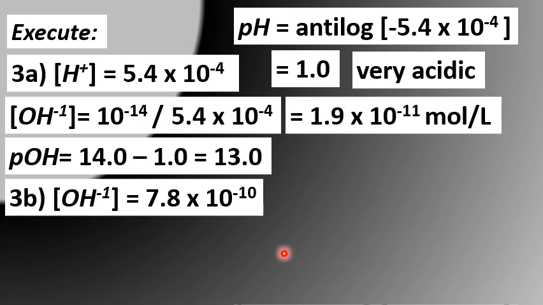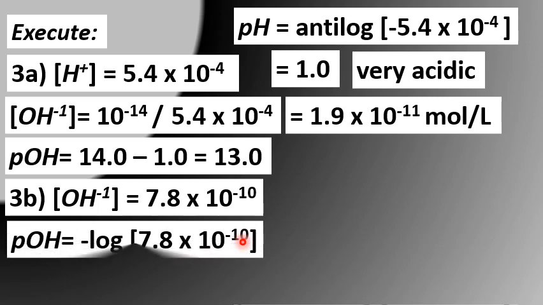And continuing on to question letter B, where we are given this time the negative hydroxide ion concentration equal to 7.8 times 10 to the negative 10. That's understood to be mole per liter. So from here, we can get the pOH value.